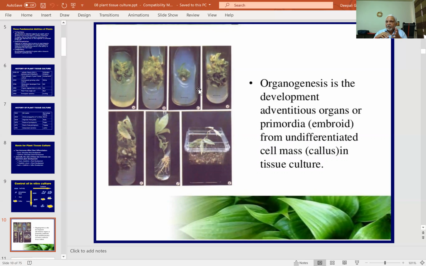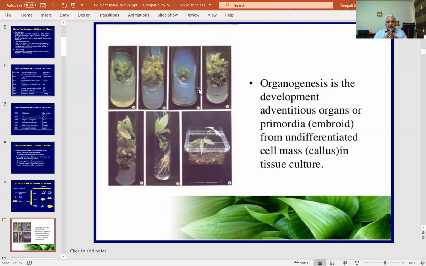But through somatic embryo formation, the callus produces pseudo-embryo-like structures. They are not the actual embryonic structures which are produced after fertilization, but these somatic embryos are produced from somatic cells, callus cells, and are capable of differentiating into the shoot system and the root system.